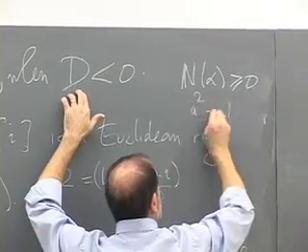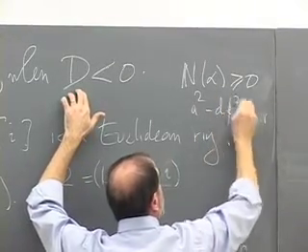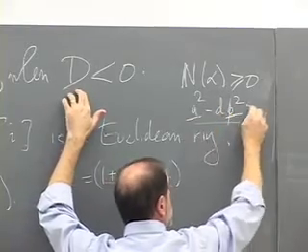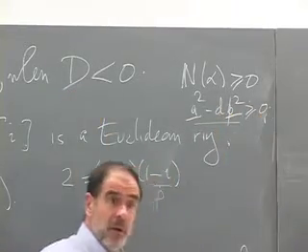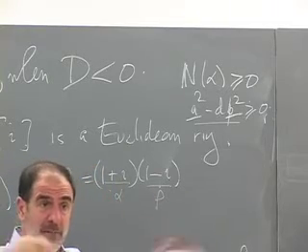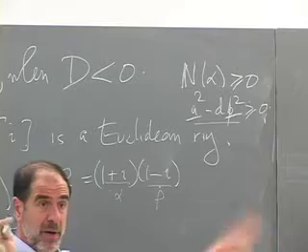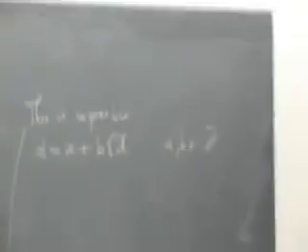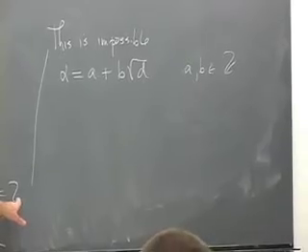It's a squared minus db squared. A squared and b squared are positive, and d is negative. So this number is greater than or equal to 0. Okay? So in general, when we were doing units, we had the possibility of minus 1 for real quadratic. But in the imaginary quadratic, the norm is always positive. So that's why they don't have to be plus or minus 2. They really have to be 2 here.